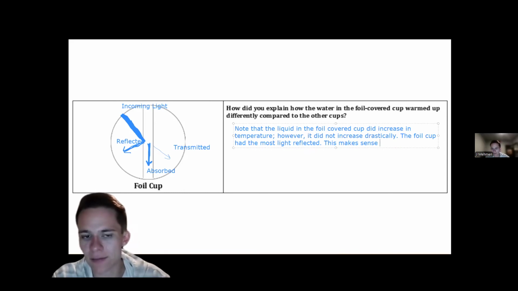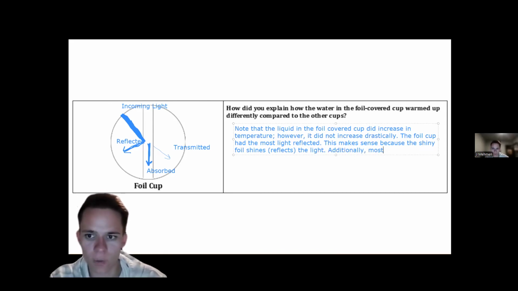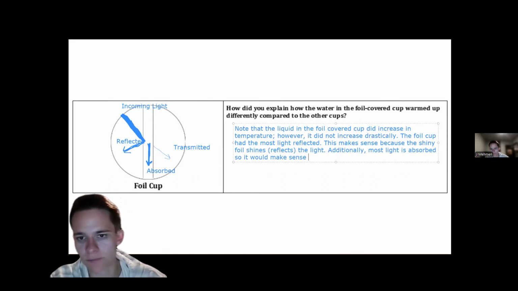This makes sense because the shiny foil shines or reflects the light. Additionally, most light is absorbed, so it would make sense that the liquid inside of the cup would increase in temperature.